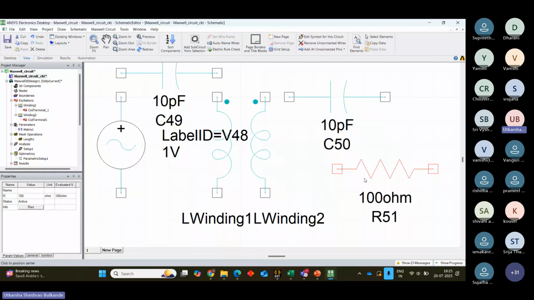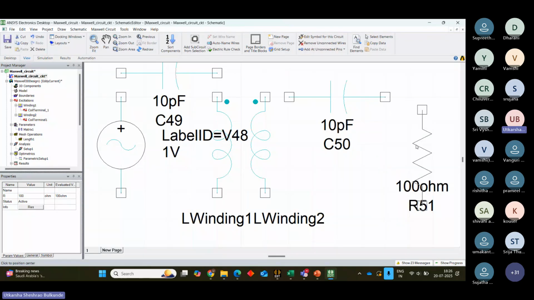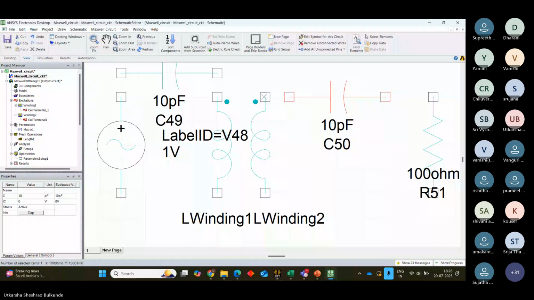Now we will just connect it. I have used Control R for rotation. For connecting, just join two points. No wires and all, you just have to join the two points.